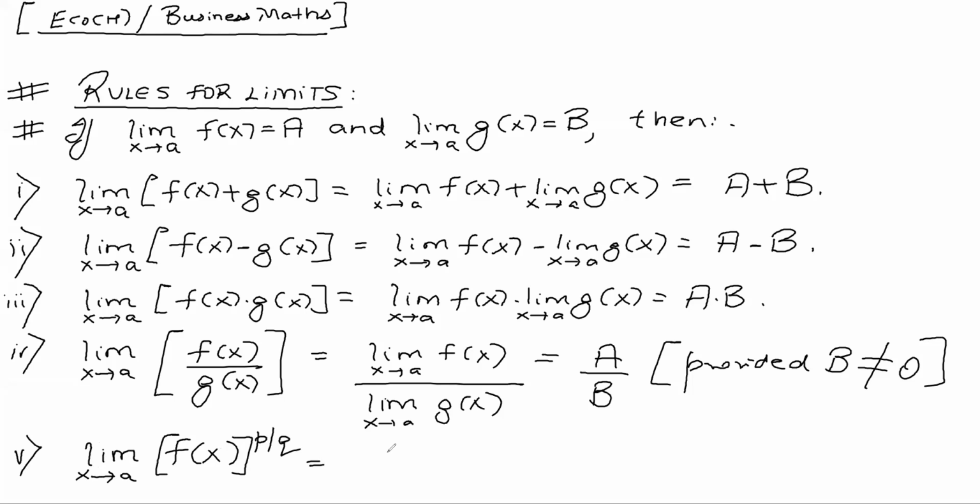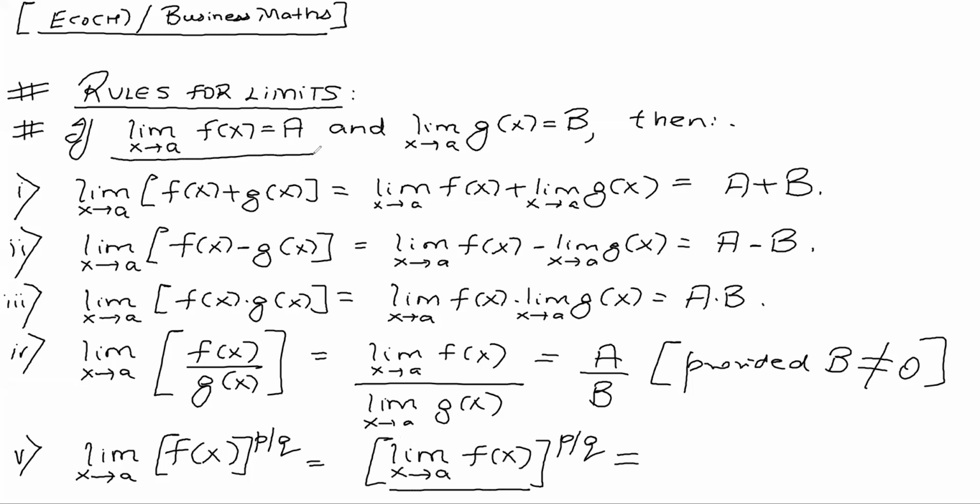Now guys, I can freely take the limit inside the bracket and write it whole to the power p by q. The term inside is nothing but A, so A to the power p by q. If A to the power p by q is defined, defined means again it should not be equal to plus minus infinity, it should be constant.